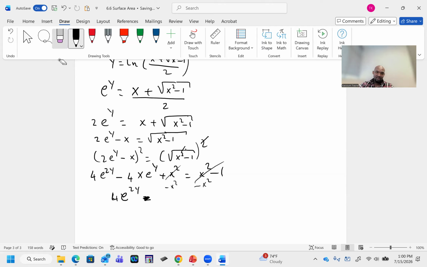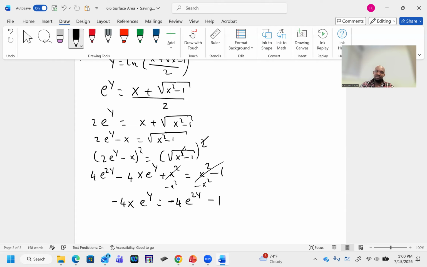Sorry, let me redo this one. So we have negative 1 on this side, so I will minus this on both sides. I will be left with negative 4x e to the power of y equal to 4e to the power of 2y minus 1, because we moved it.